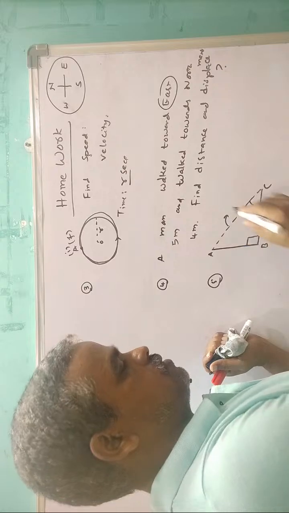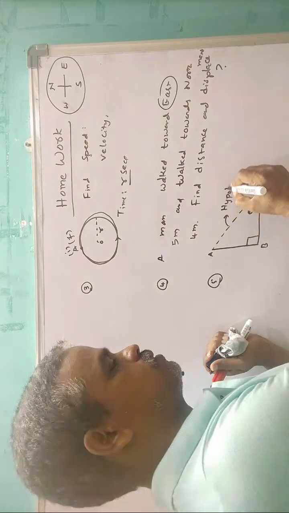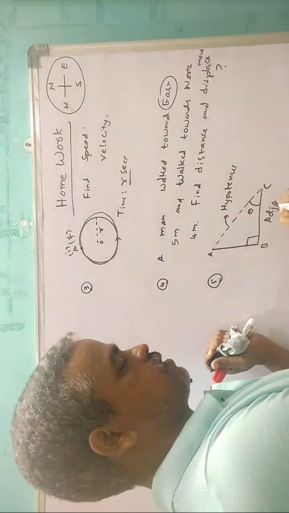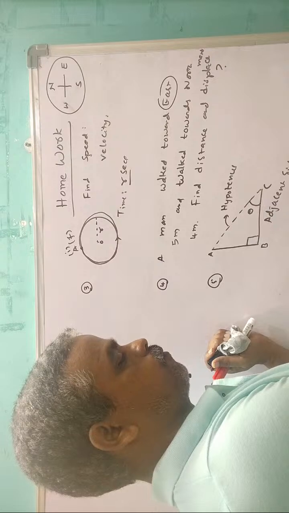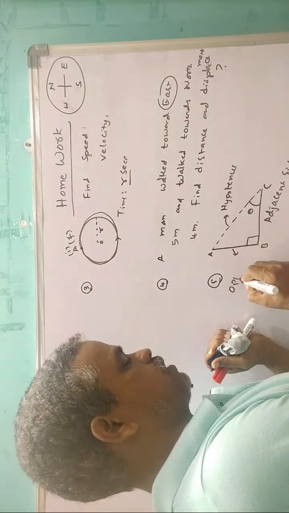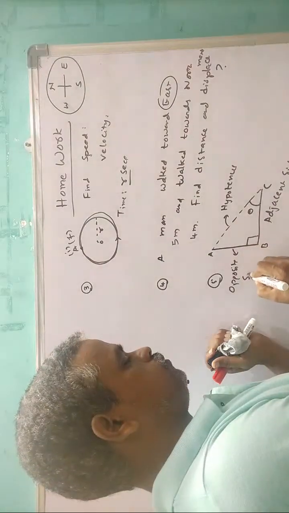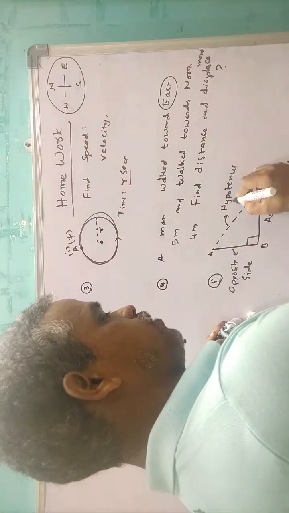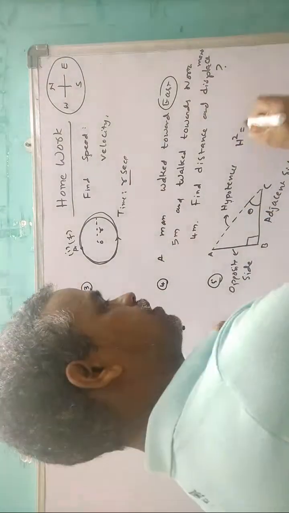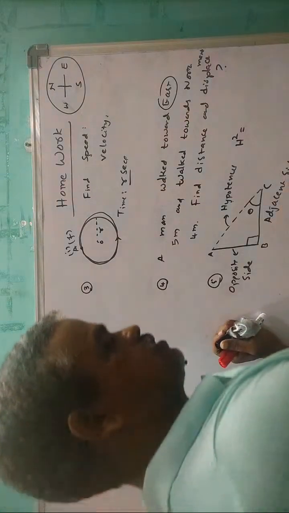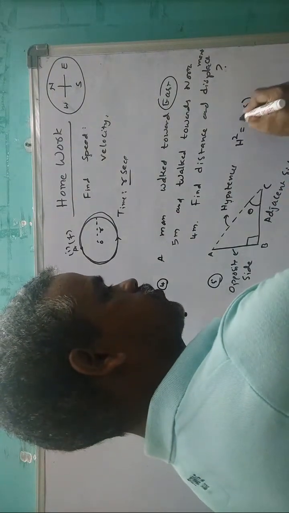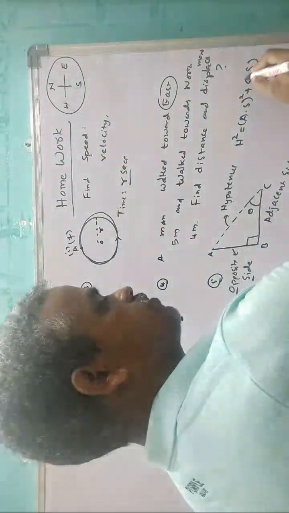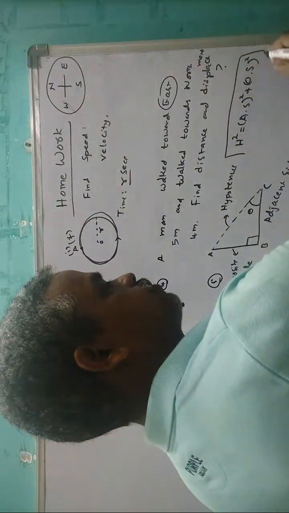This we can say is the hypotenuse. This one is the adjacent side. This will be the opposite side. So the theorem will be hypotenuse square, that is h square, equal to adjacent square plus opposite side square. This is the Pythagoras law.